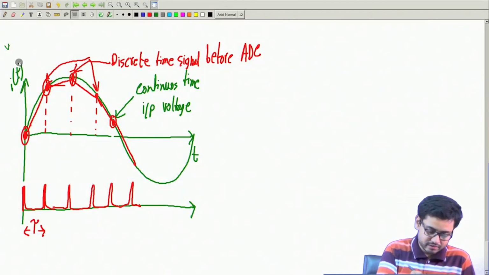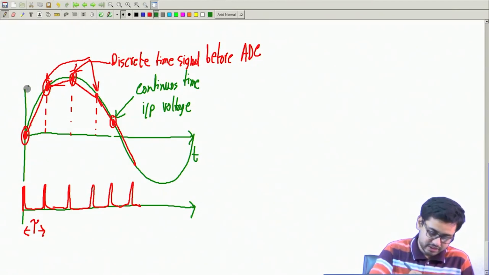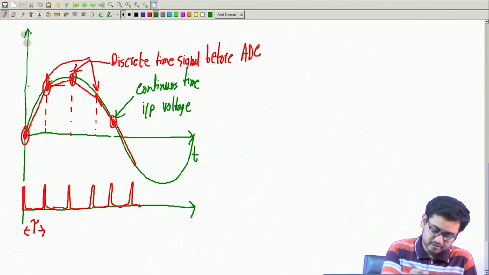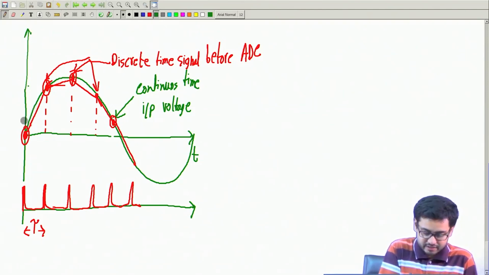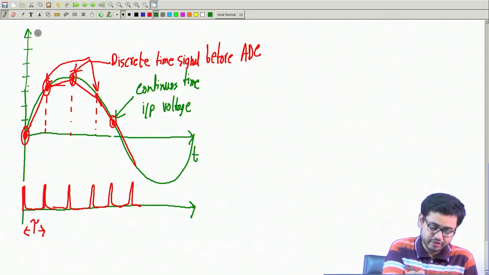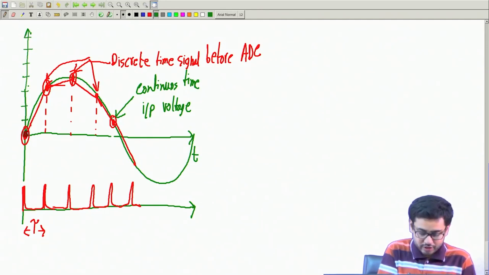Say this is Vi. Say the ADC can give you only these levels: 0, 1, 2, 3, 4, 5, 6, 7, and so on. So this value will be represented as 0, so 0 0 0 0, then 1 2 3 4 5 6 7 8, etc. These are the levels.